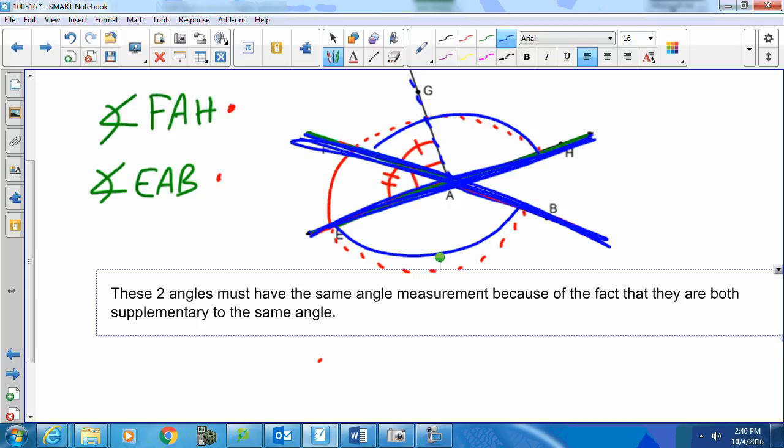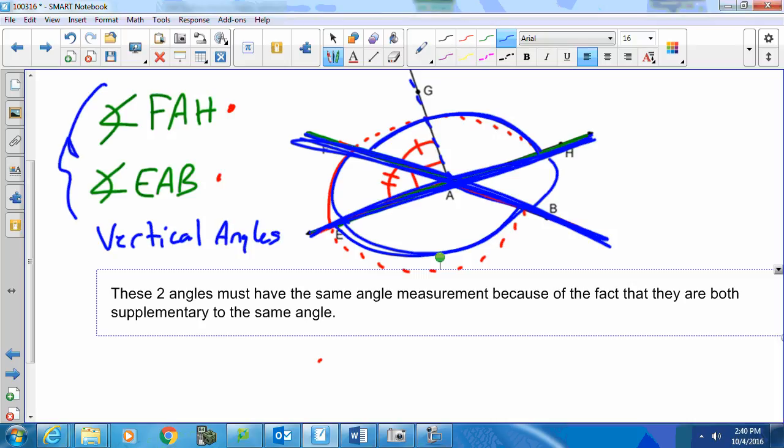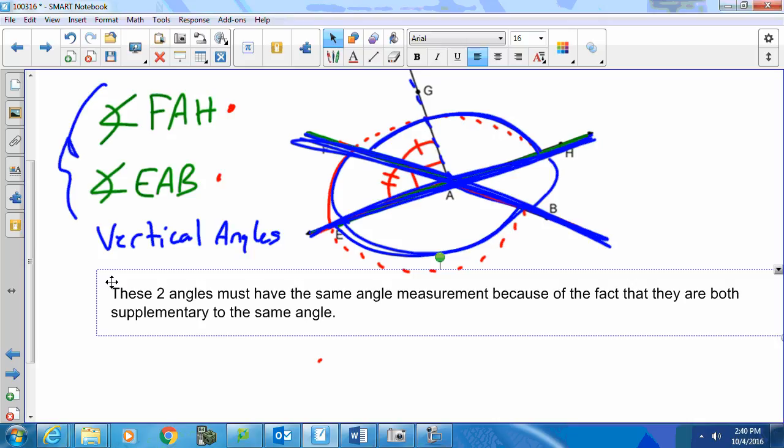So you have your vertical angle here, and your vertical angle here. So the two angles that we named over here are actually vertical angles. So that's another reason why we know that they are congruent, or the same angle measurement. There you go. Hopefully that helped you out.